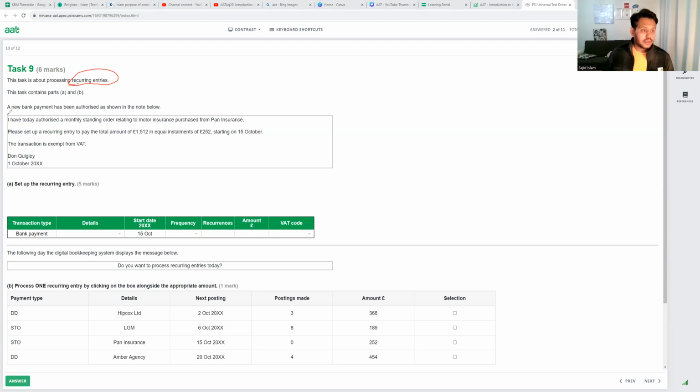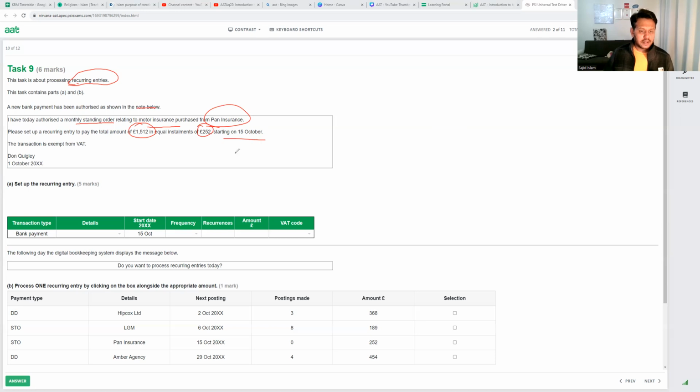All right, a new bank payment has been authorized as shown in the note below. I have today authorized a monthly standing order. Standing order, STO, related to motor insurance. Which company? Pan Insurance. Please set up a recurring entry to pay the total amount of 1512 in equal instalments of 252, starting from 15 October.